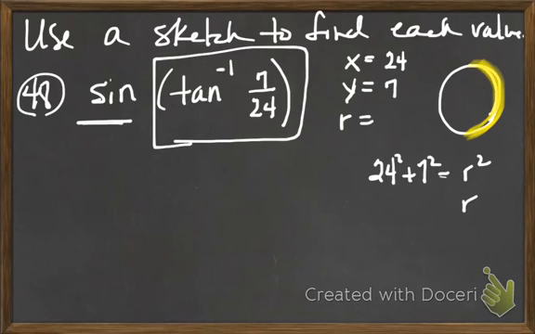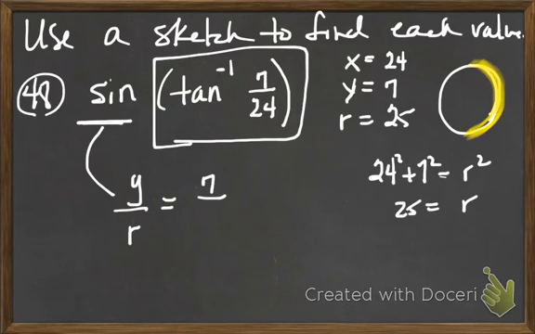And for r, you got 25? Yes, ma'am. All right, so now they're asking you for the sine value, not inverse sine, but what is the sine value at that same angle? So sine is y over r, and that would be 7 over 25. These will be the harder problems.